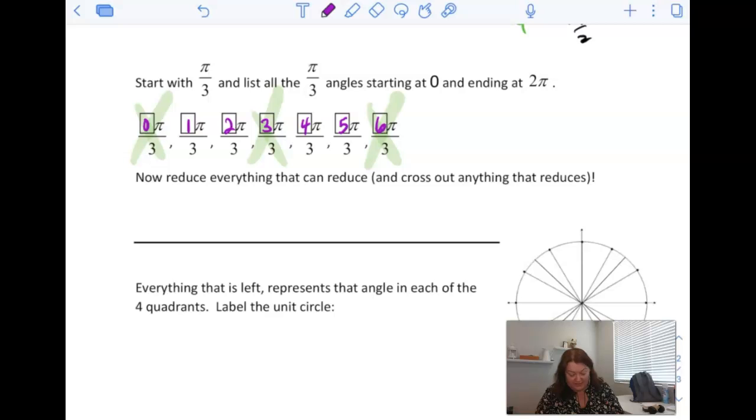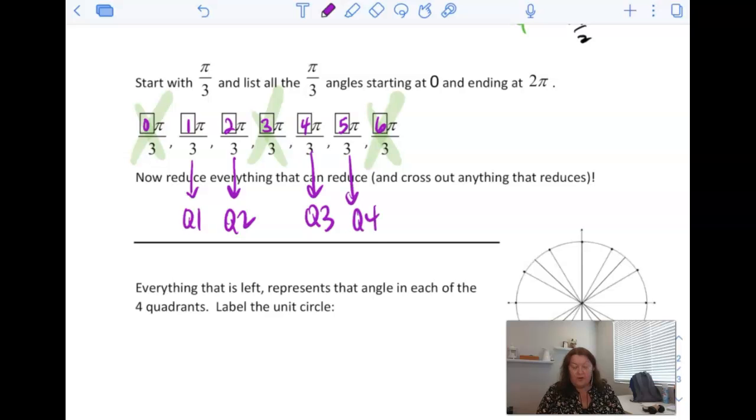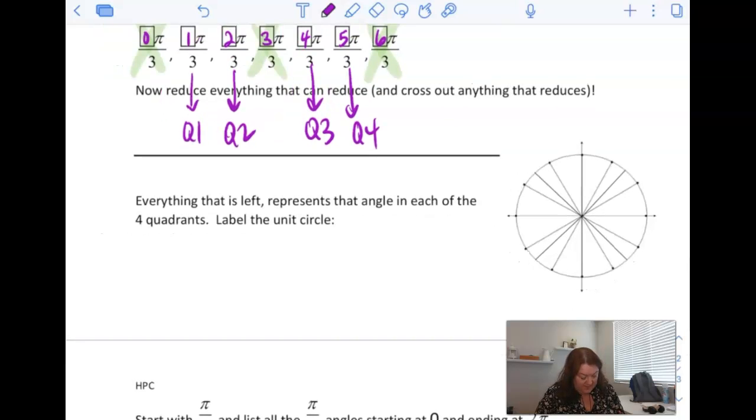So this one will end up being our quadrant 1 answer. This one will end up being our quadrant 2 answer. This will be our quadrant 3 answer. This one will end up being our quadrant 4 answer. So where are thirds? Again, if I think about that this is 0 thirds pi, but also 6 thirds pi, and that this is 3 thirds pi, right? And I want to look at the top half of this semicircle and look for how could I turn it into thirds.